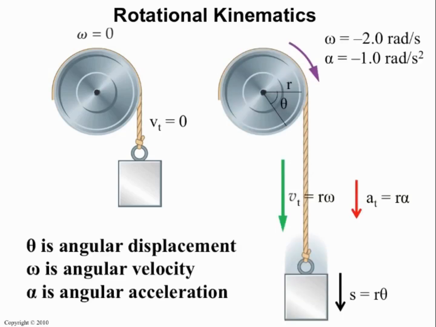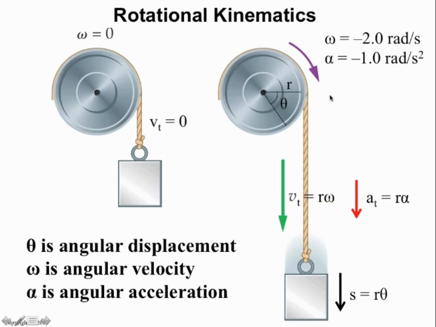Okay, so as we saw in the last section, theta is angular displacement, omega is angular velocity, and alpha is angular acceleration. And as we saw in the last section also, these angular quantities are directly proportional to their corresponding tangential quantities.